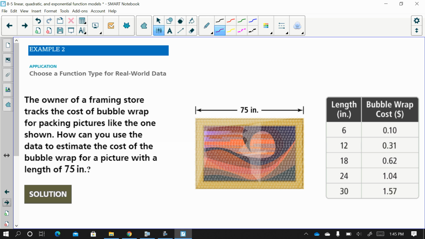For this one, we're just going to figure out what's best. The book involves having you do quadratic regression, and I'm not going to have you do that. That's not an Algebra 1 standard.